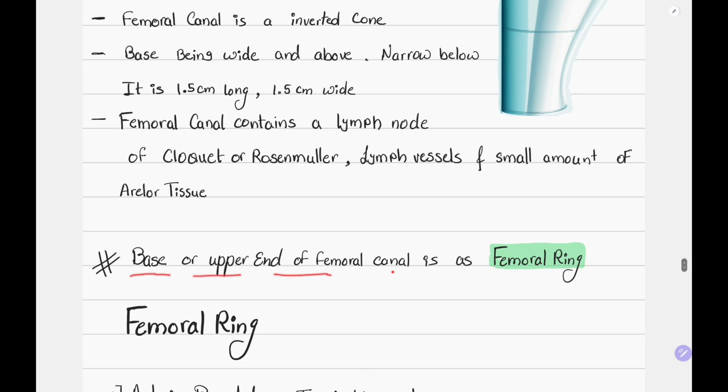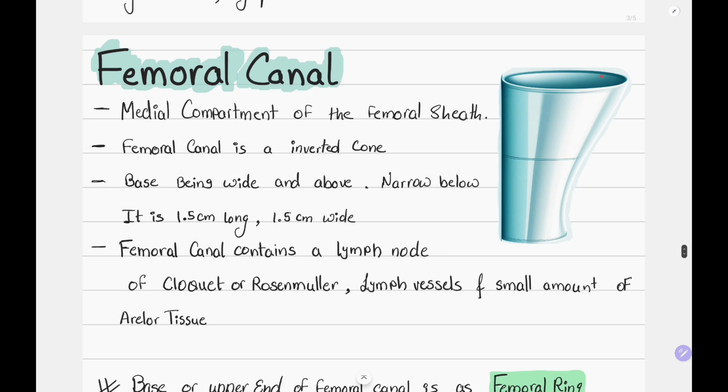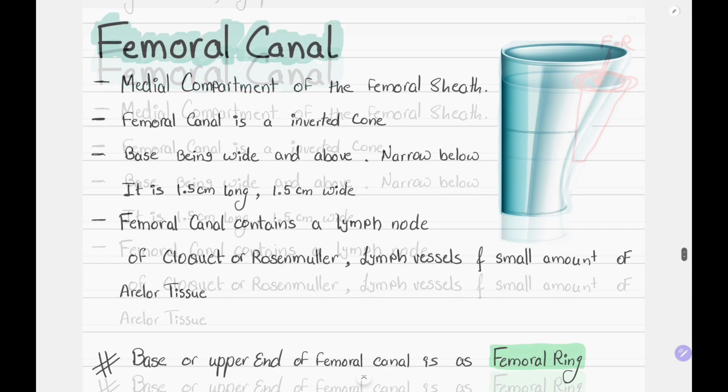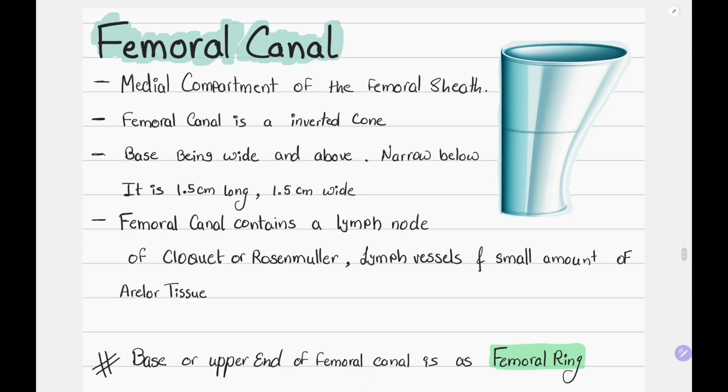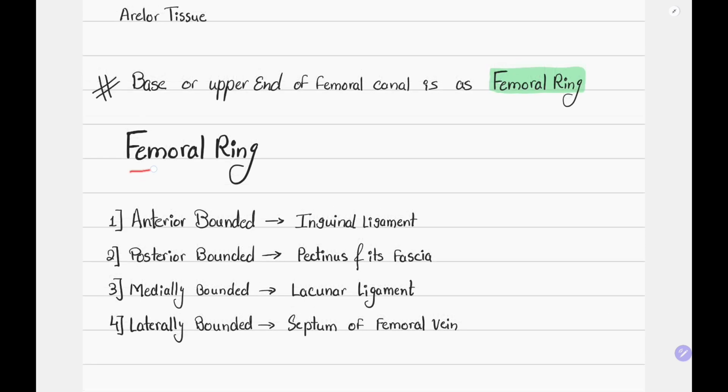Base or upper end of the femoral canal is the femoral ring. So if this is our femoral canal, the base right here would be called the femoral ring. The femoral ring is important from a clinical point of view. We'll also discuss that. The boundaries of the femoral ring are important.